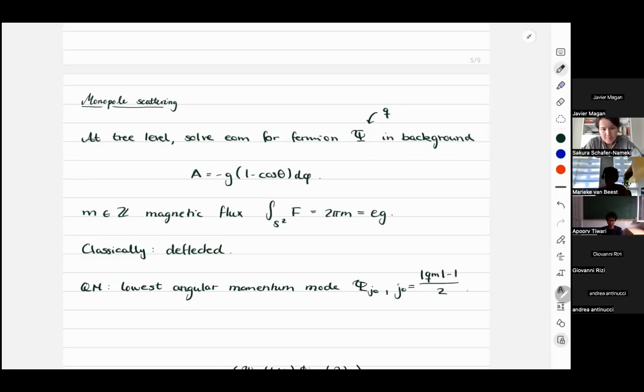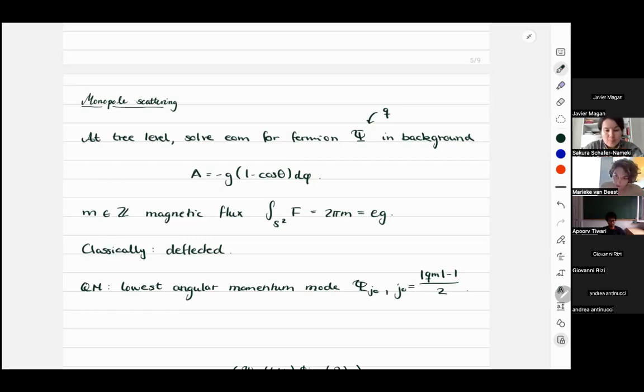So in particular, notice that when we have a unit monopole, this is just the S wave. So in this case, we have a spherical shell collapsing in on the monopole. And rather than just picking up a phase and then moving out again, it can actually interact with the degrees of freedom at the core of the monopole. Okay.